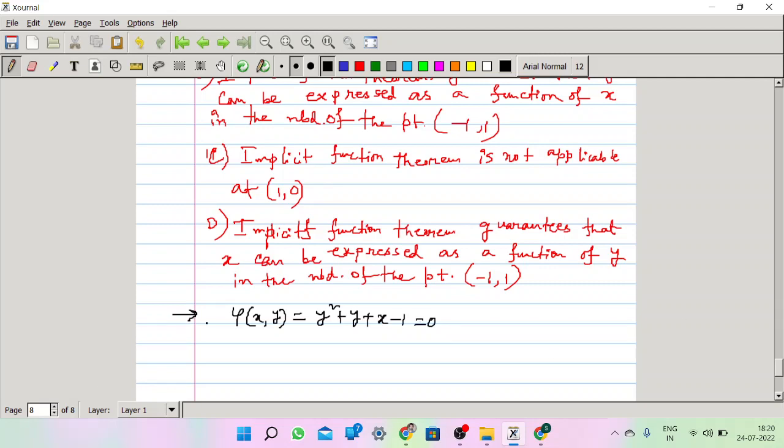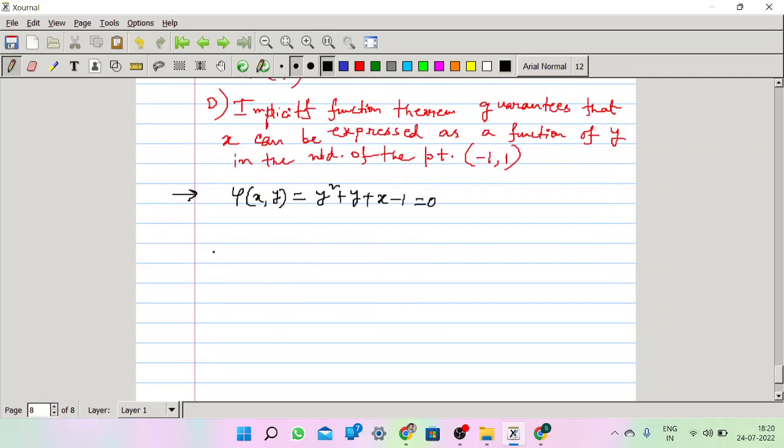So what are the conditions? If phi is identically equal to 0 at a point, and del phi by del y at that particular point is non-zero, then phi of x y equal to 0 can be written as y equal to a function of x.